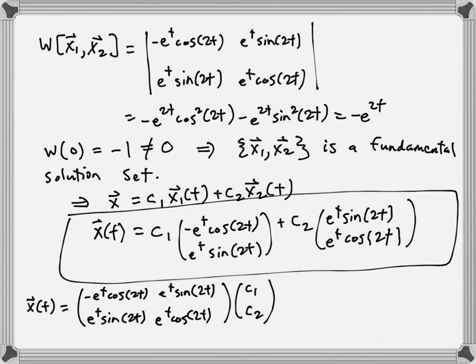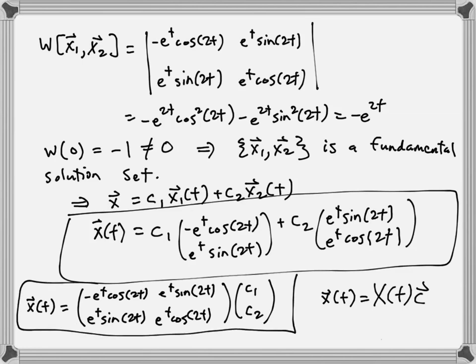Okay, so this is how we would write it. This is the same as before: we wrote x of t is equal to capital X of t times vector c. This is just a way that you can write it using matrices. Both the same thing. These are both the general solution. All right, two different ways of writing it.